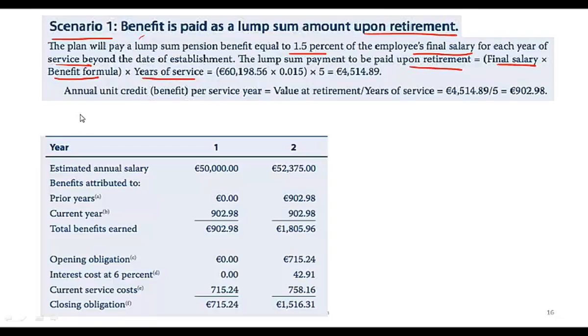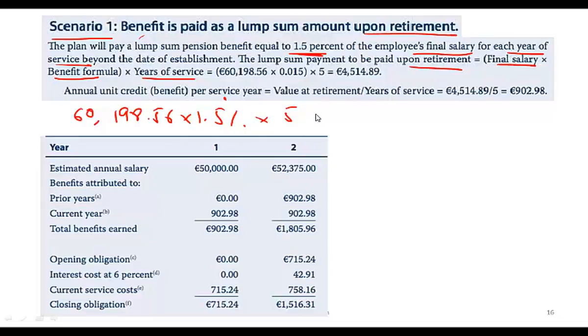What's our final salary based on what we have seen on the previous slide? That's 60,198.56. And then this is saying that the employee will get 1.5% of that. So into 1.5%. And then for every year that he worked, 5 years, so we multiply by 5.